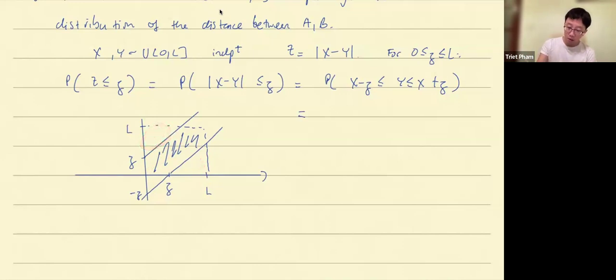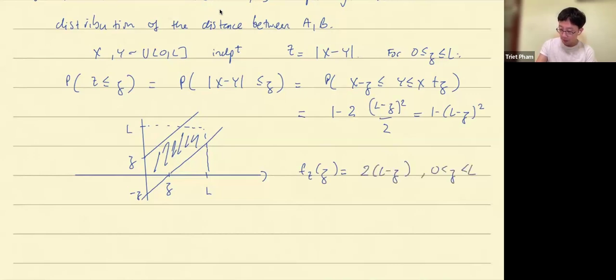They're symmetric, so we just have to compute the area of one triangle, which is L minus z squared over 2. So the PDF is 2 times L minus z over L squared. Any questions?